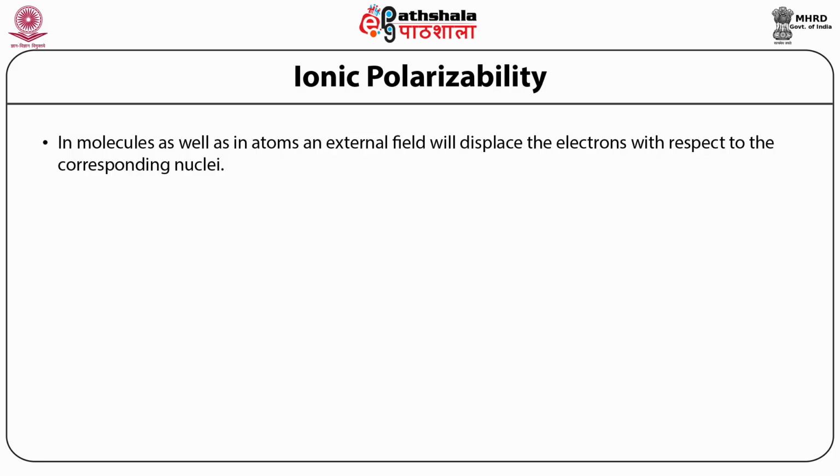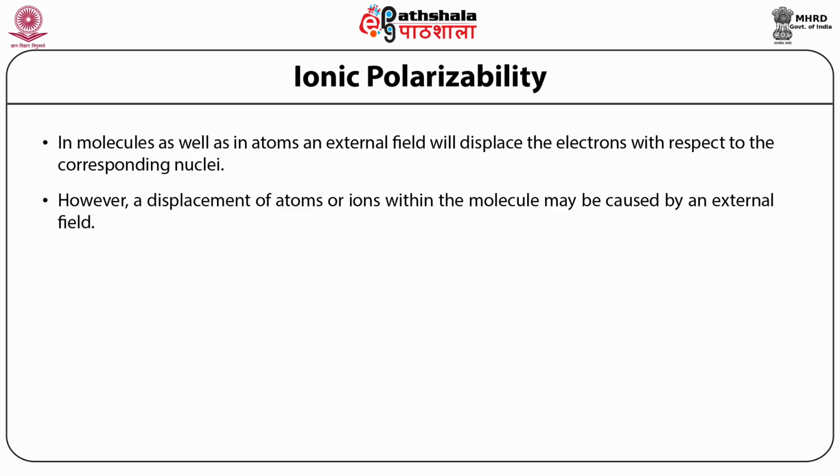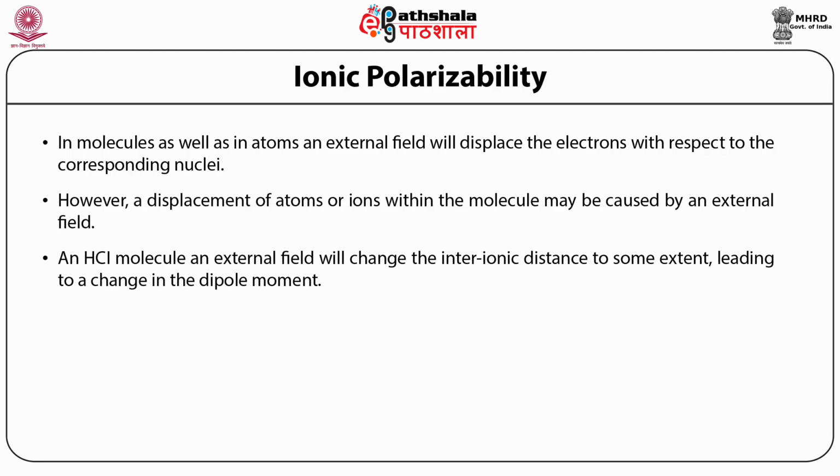Over and above this, however, a displacement of atoms or ions within the molecule may be caused by an external field. For example, in an HCl molecule, an external field will change the inter-ionic distance to some extent, leading to a change in the dipole moment.